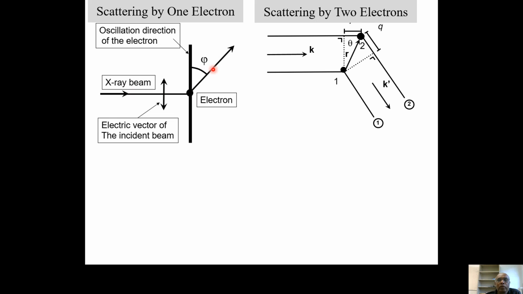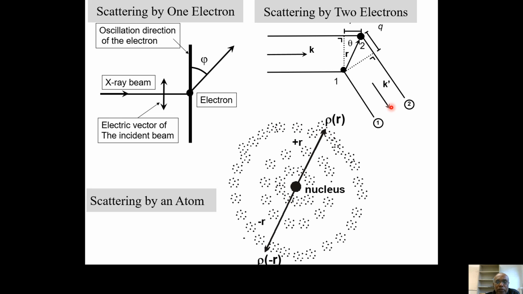But if you have two electrons, then again X-rays come in with k and get diffracted like we discussed before, k prime. Now if an atom has many electrons, Z number of electrons, how do we calculate that? That's not simple, right?